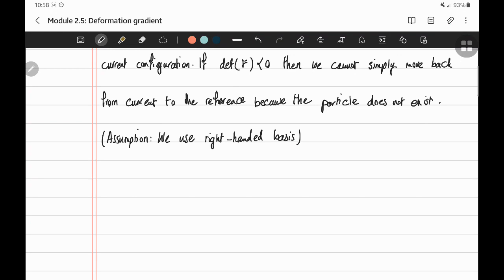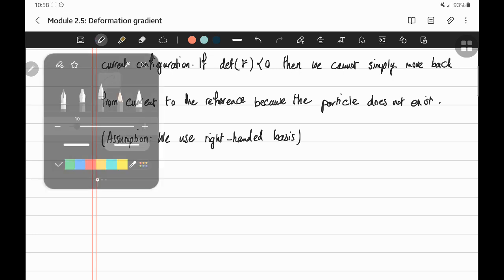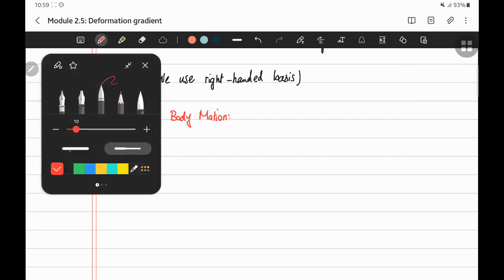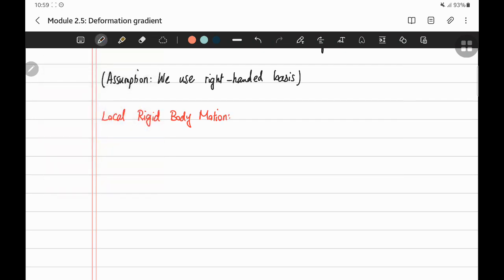So now let's get to some very special and simple forms of the deformation gradient. The first one is local rigid body motion. Before getting into this kind of spatial transformation, let's see what it decomposes of.